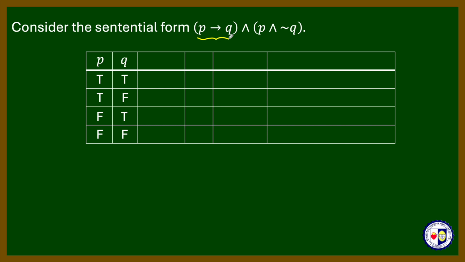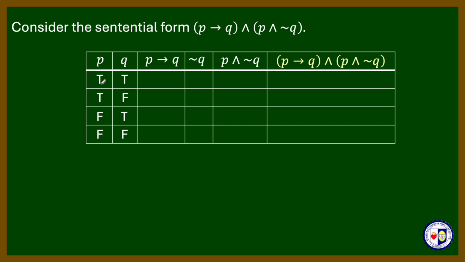This portion is P implies Q. We have a negation of Q. That's why we have to put this into our next column. Next is the conjunction of P and not Q. And lastly, the entire sentential form.